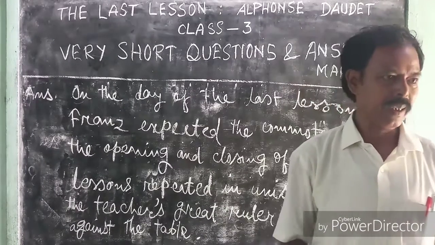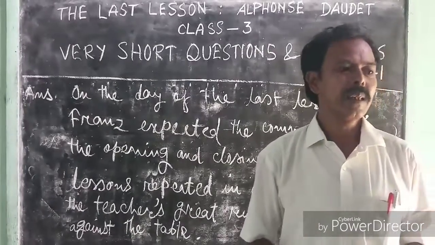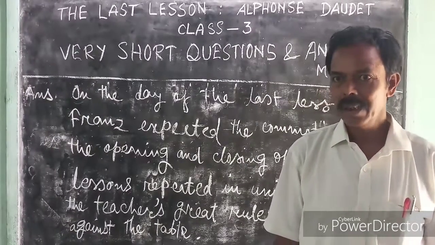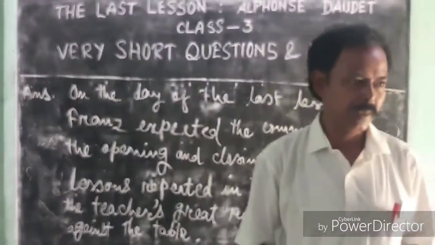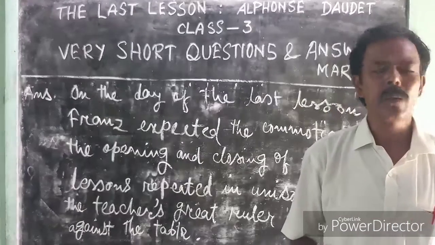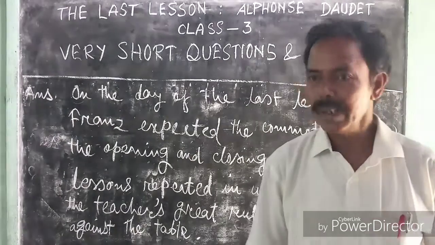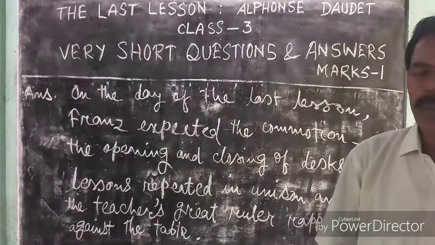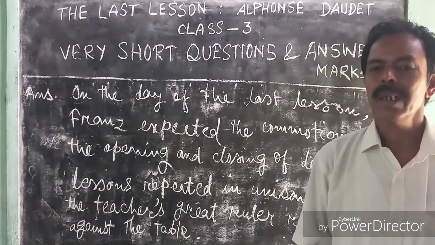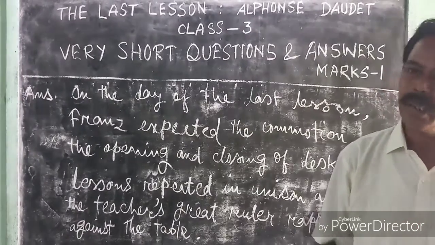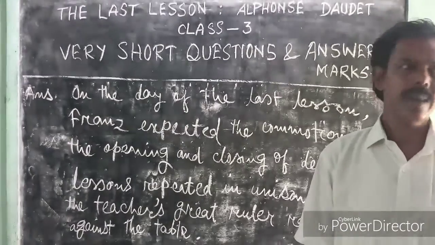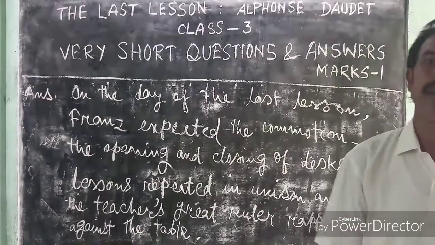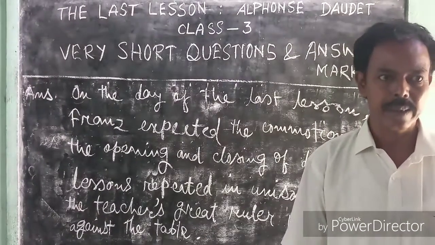Because if we know the text as a whole, if we can reflect the interrogation into an assertive pattern, if we know how to pick from the text, from the subject matter, who, what, when, which, whose, etc., in that case, it is very easy on our part to score 1 mark out of 1. And with the hope that every one of us reads the text nicely so as to be ready to answer any question from the text, as the modulation is served here with 8 questions. Thanks.